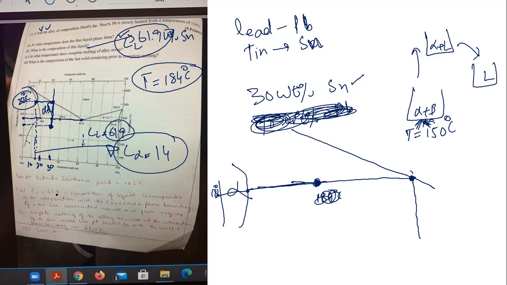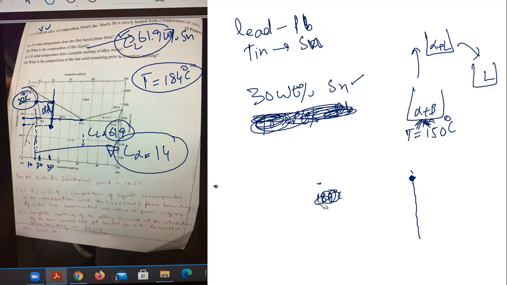Yes, in the exam, if they ask you, then as I draw the diagrams, I explain to your professor that I got C_L 61.9. You should explain the process: I draw a tie line, and at this point it touches my liquidus line. Yeah, that's what I mean. I want you to write this, to be clear for us.